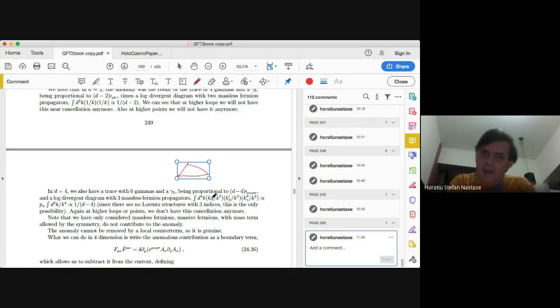So the gammas go into the trace, and we're left with k with an index. So it's k alpha over k squared, k beta over k squared, and k gamma over k squared. So I have 3 indices.